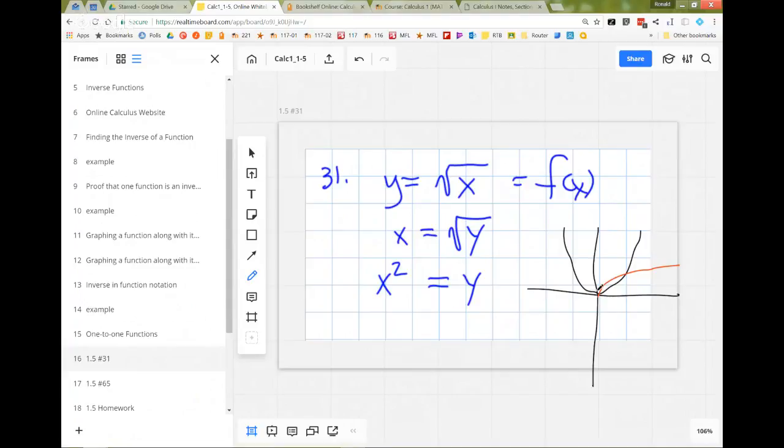You can see that it's not a perfect mirror image. Sorry, it's too hard to sketch with my mouse. Let me try that with this. So if you put the identity function in there, you can see you only have half of a parabola.